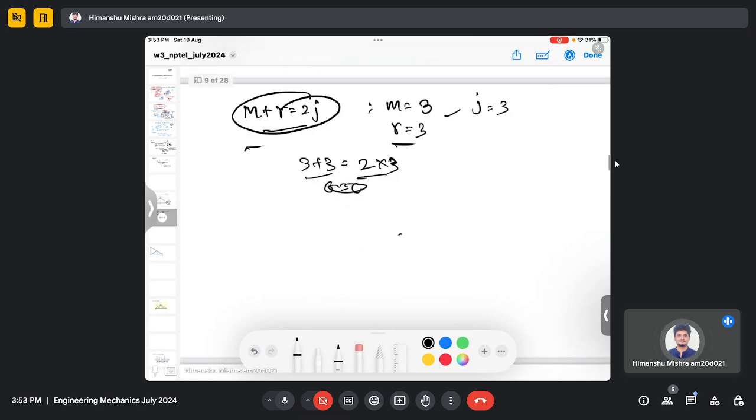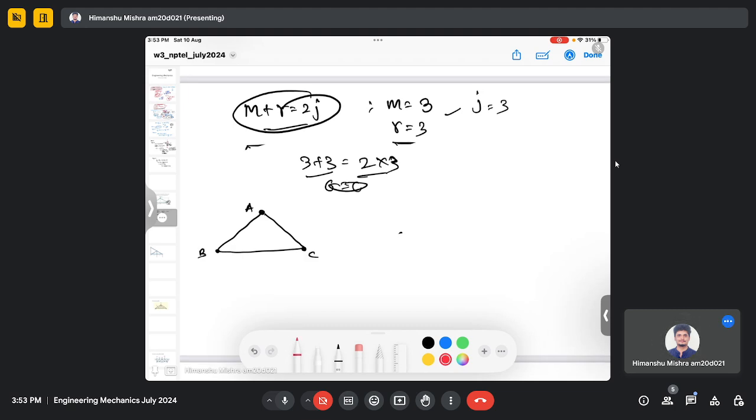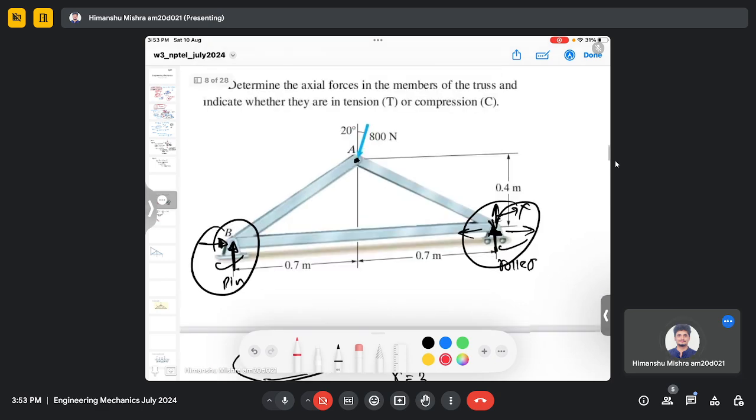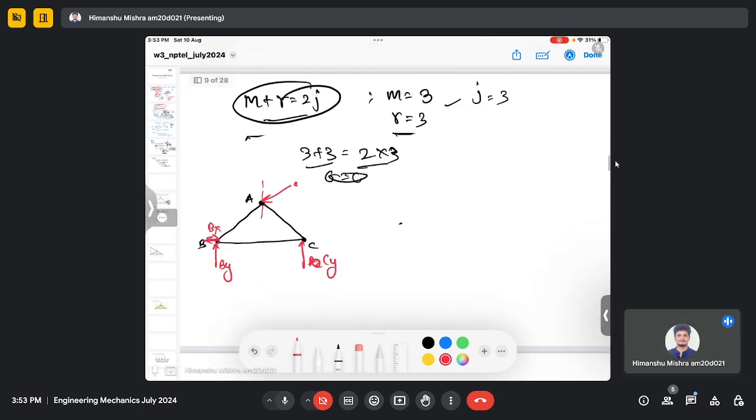So let's make a free body diagram for the whole truss. This is A, this is B, C. Let's say this is By, this is Cy, this is Bx, and there is a force of 800 Newton acting.